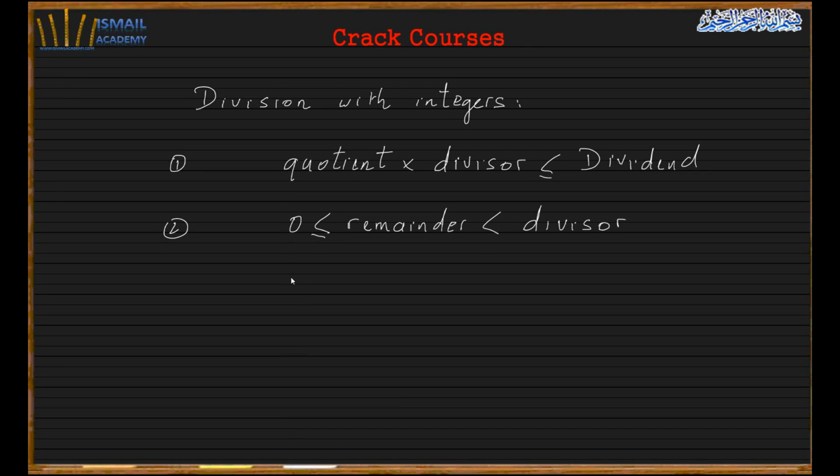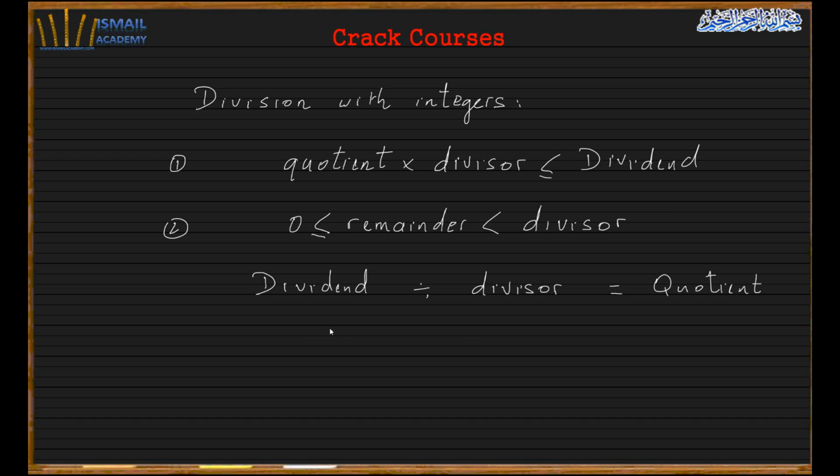So how to apply this idea? I will use that small table. So if I have dividend divided by divisor, that gives us always the quotient.